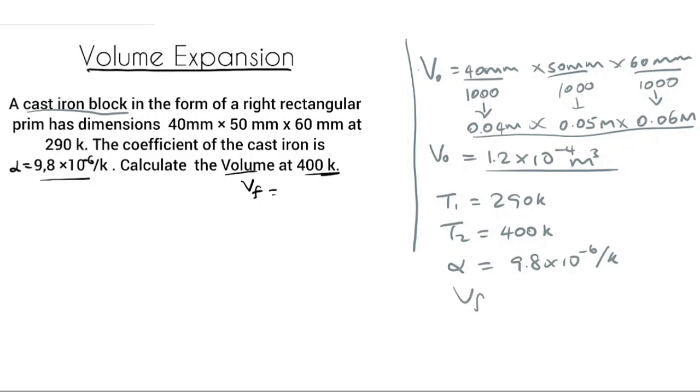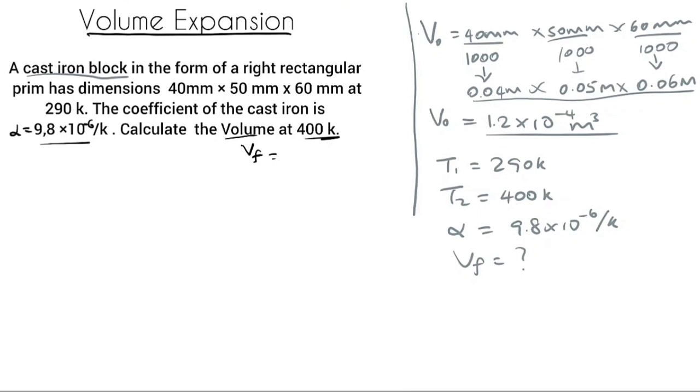We're looking for the final volume. Because we're looking for the final volume, we have to say final is equal to the change in volume plus the initial volume. So here we have to find this change in volume.